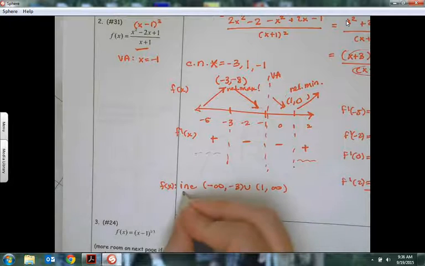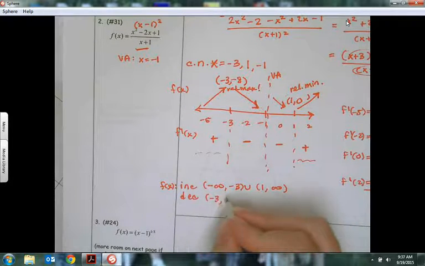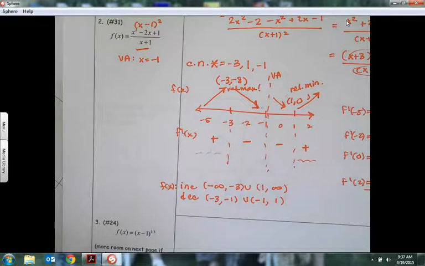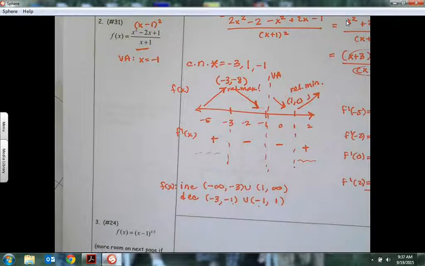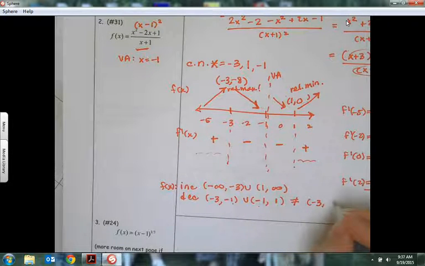And I found that it's going to be decreasing from -3 until -1, and then -1 until 1. Make sure you do not include the -1, so that is not the same as -3 to 1, because you have an asymptote there, so you cannot include that.